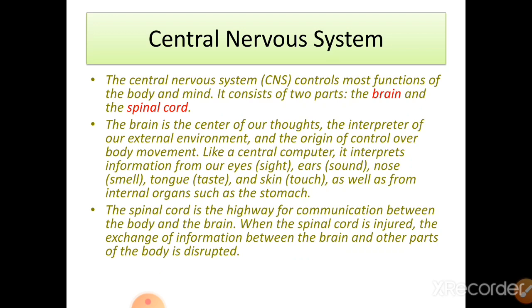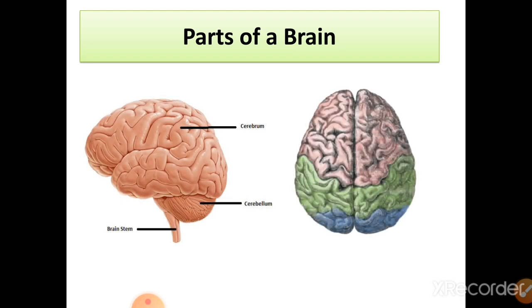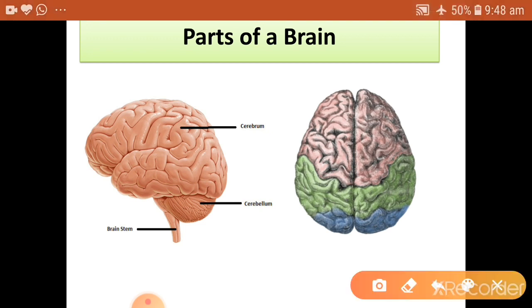Let us begin with the parts of the brain first. The parts of the brain are the cerebrum, cerebellum, and the brain stem.